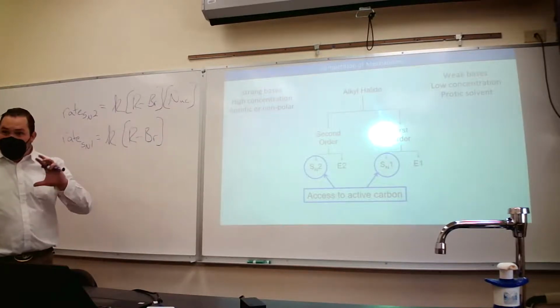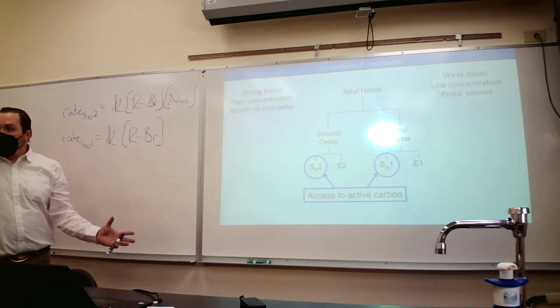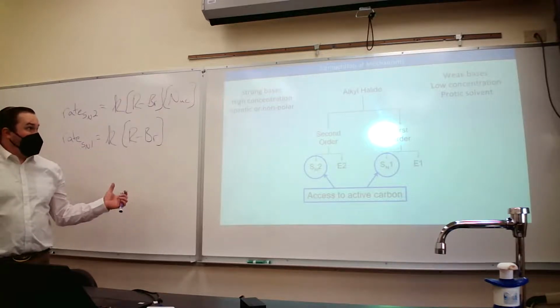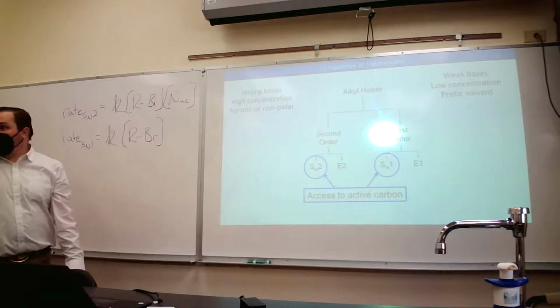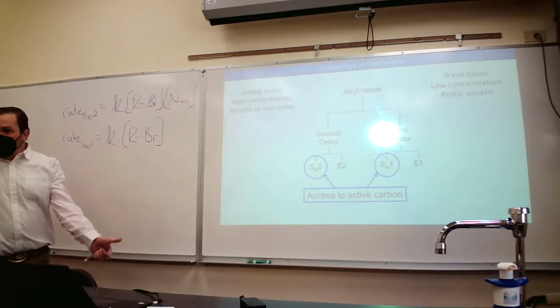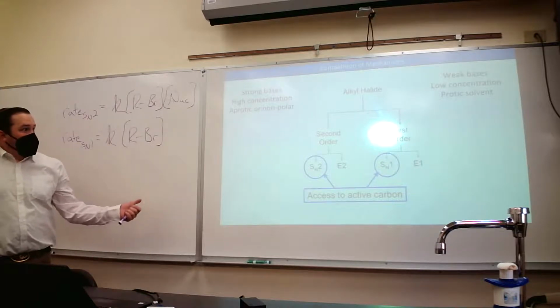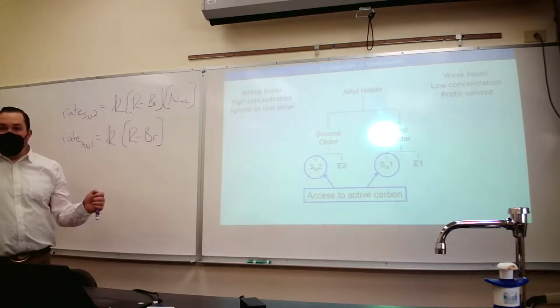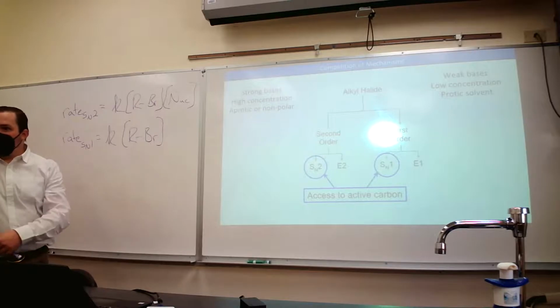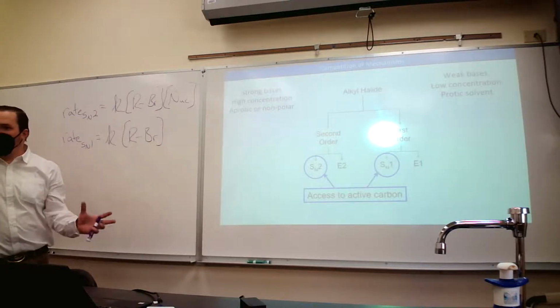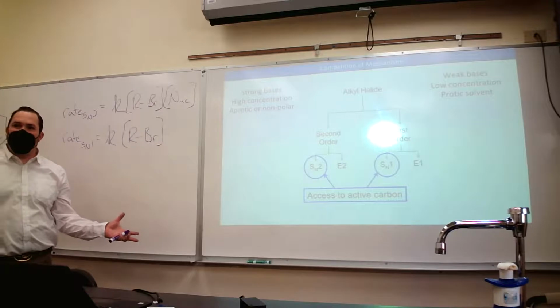That's a mitigating factor. That's not the dominant decision when we're deciding first order, second order. It's mostly how strong is your base or nucleophile, and is your alkyl halide primary, secondary, tertiary. Those are always the two most important things for this decision.